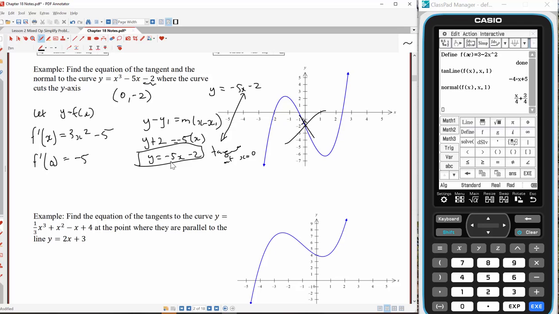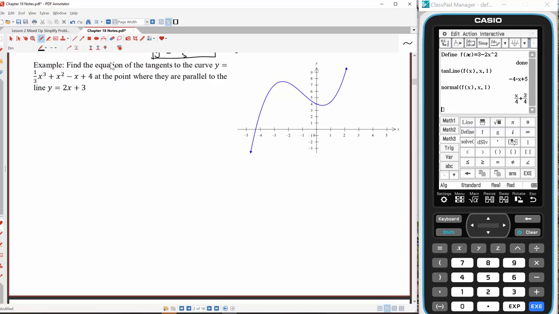So that's going to be the same y-intercept, different gradient. Y equals, taking the negative reciprocal, 1/5 x take 2, or x on 5 take 2. So that's the normal at x equal to 0.